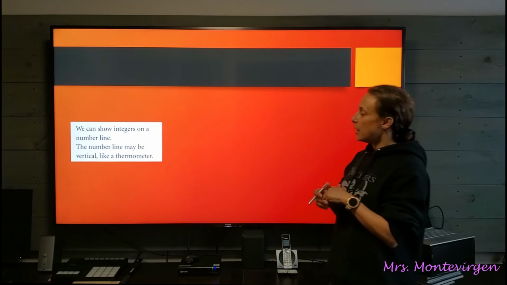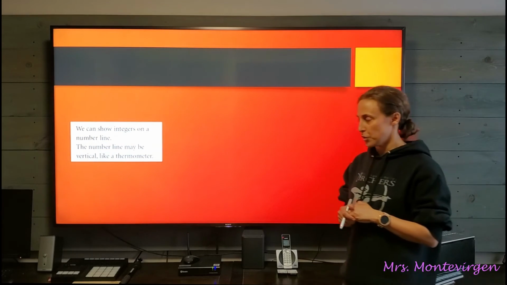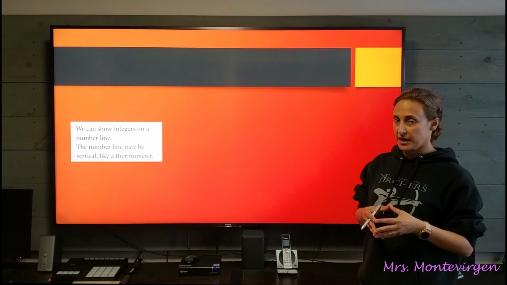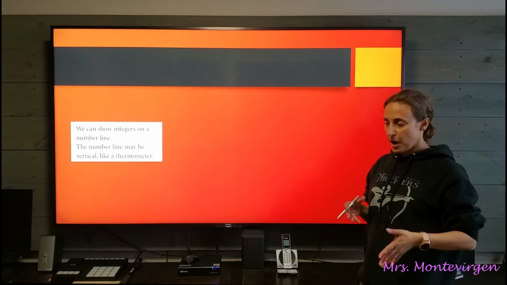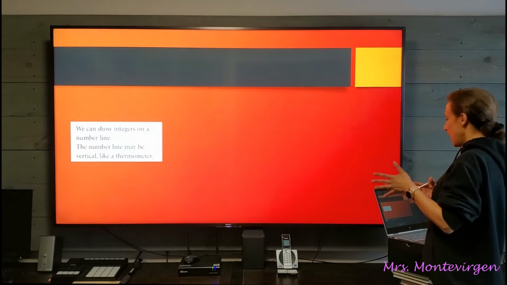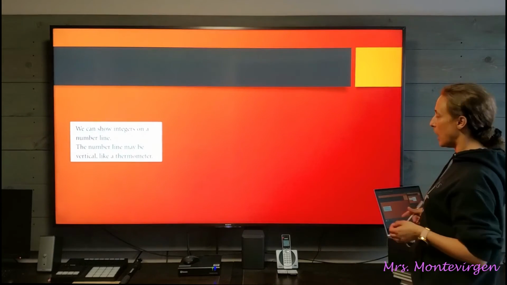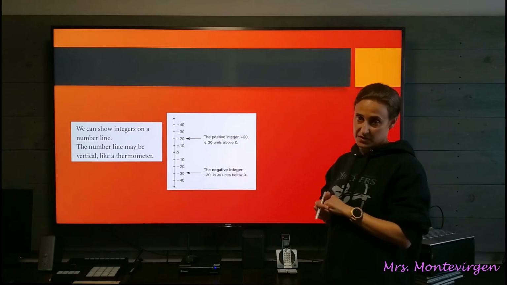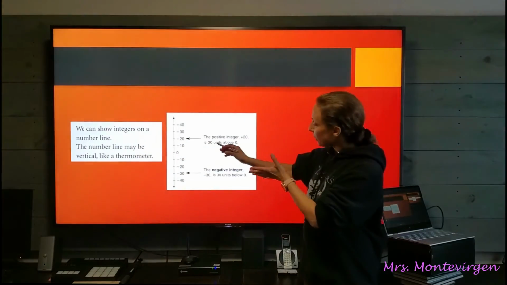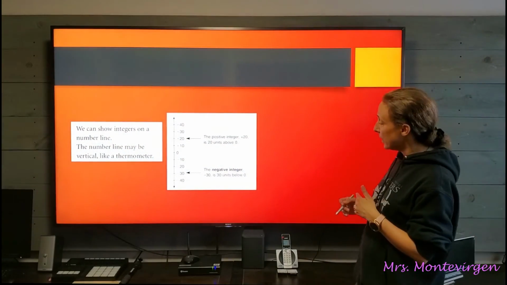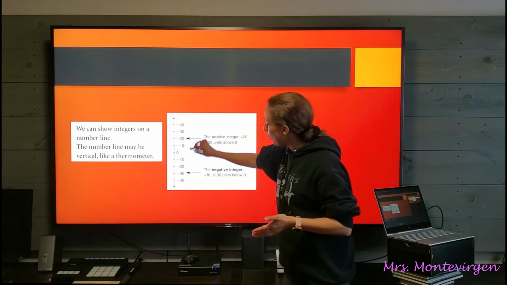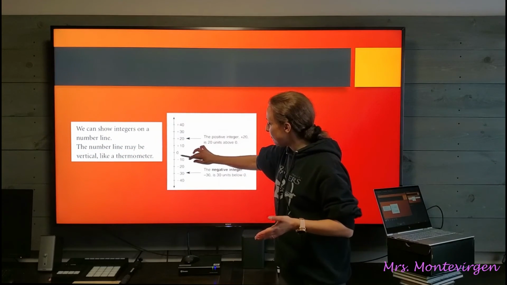Now, when it comes to integers, we also sometimes like to use a number line. Usually when you think of thermometers, you think of a vertical thermometer, and it will look something like this. Very similar to a thermometer, I see here I have my scales going by 10, and I have my 0.